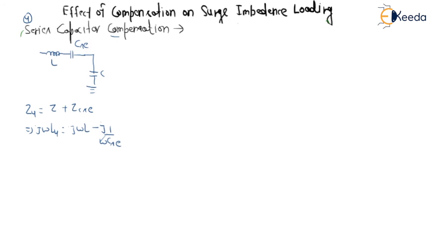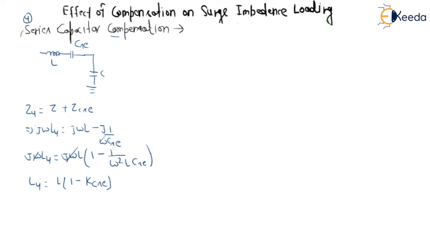By taking jω common, jωL4 is equal to jωL common, 1 minus 1 upon ω² L CSE. So jω cancels out, L4 we can write as L in bracket 1 minus KCSE.